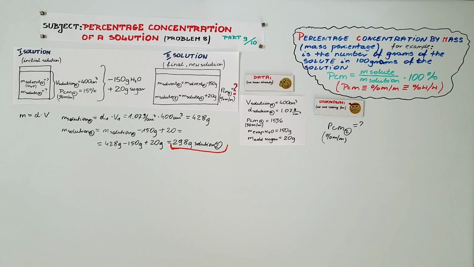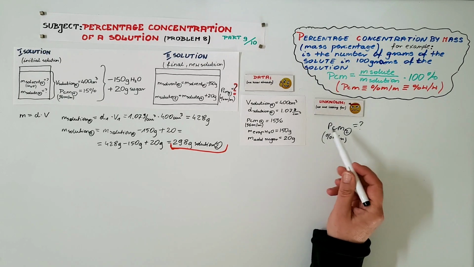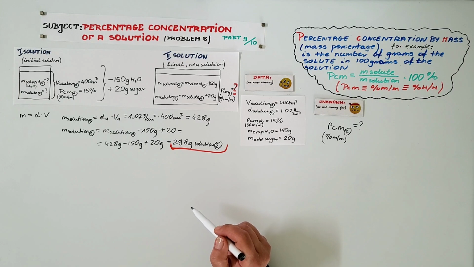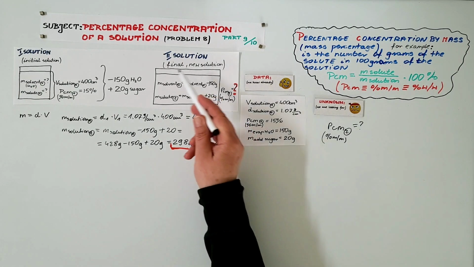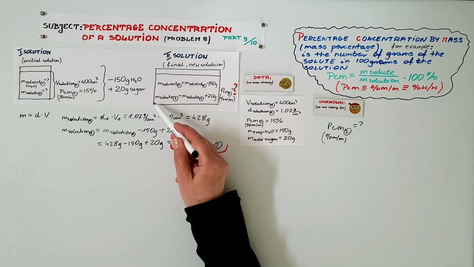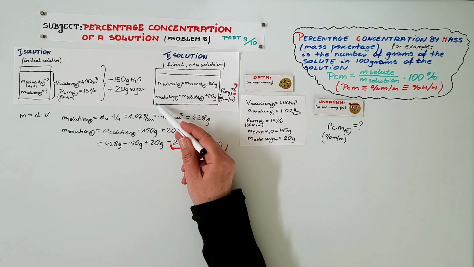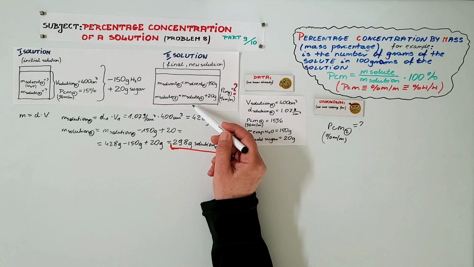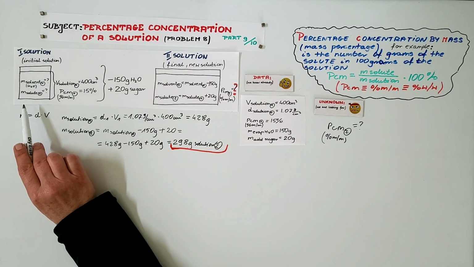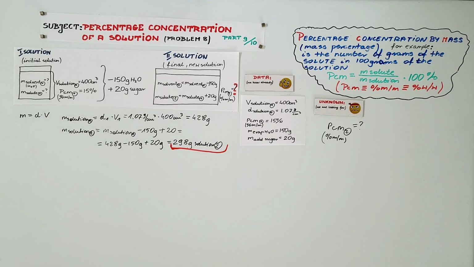So, to calculate percentage concentration by mass of final solution, we need to know mass of solution 2, we know already, and we need to know mass of solute 2. To know mass of solute 2, we need to know mass of solute 1. So next step, we have to calculate mass of solute 1.